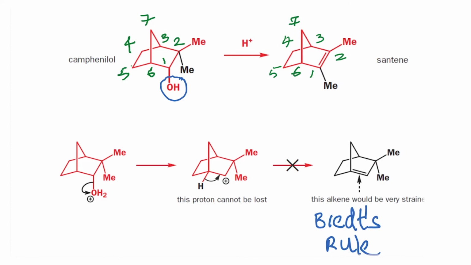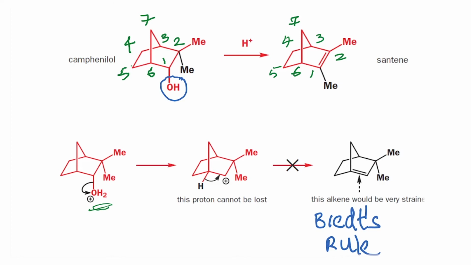Now what we see here is that this OH is gone, and now there's a double bond between carbon 1 and carbon 2, and this methyl group has migrated over here. So the mechanism that we propose in such a case is that you have a loss of water and you generate a carbocation. I think this is straightforward. We have studied this in E1, SN1 and other carbocation based mechanisms.